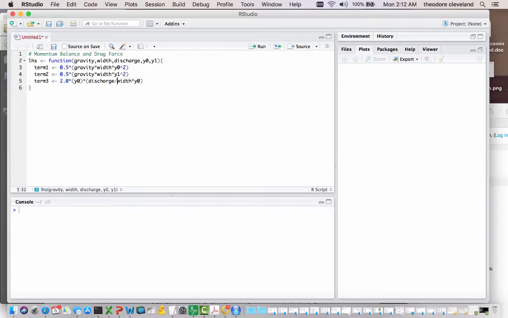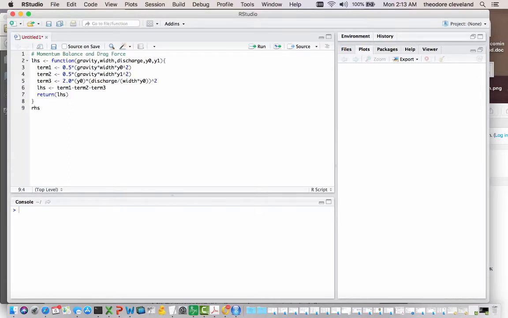Get everything grouped properly. That whole thing is squared. And left-hand side is equal to term 1 minus term 2 minus term 3. Return left-hand side.